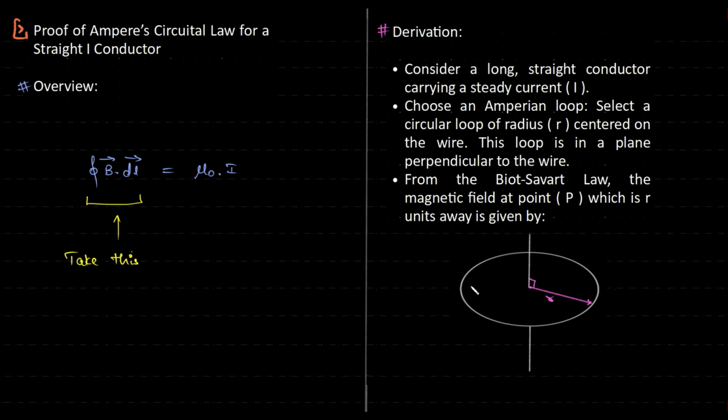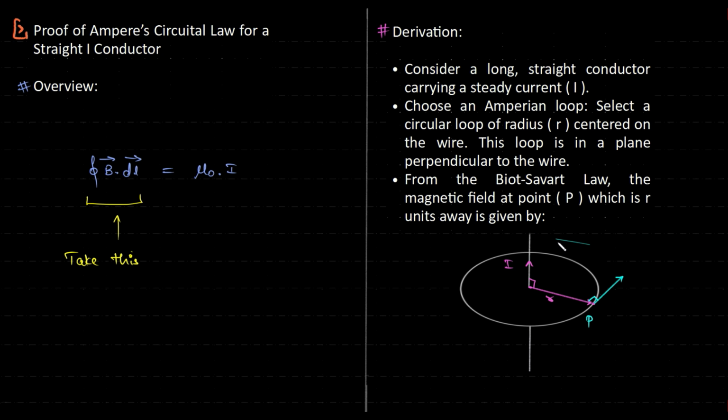Now if I put the direction of current over here as I, as per the right hand rule at point P, say this is point P, what will be the direction of the magnetic field? It will be tangential, perpendicular to the plane.